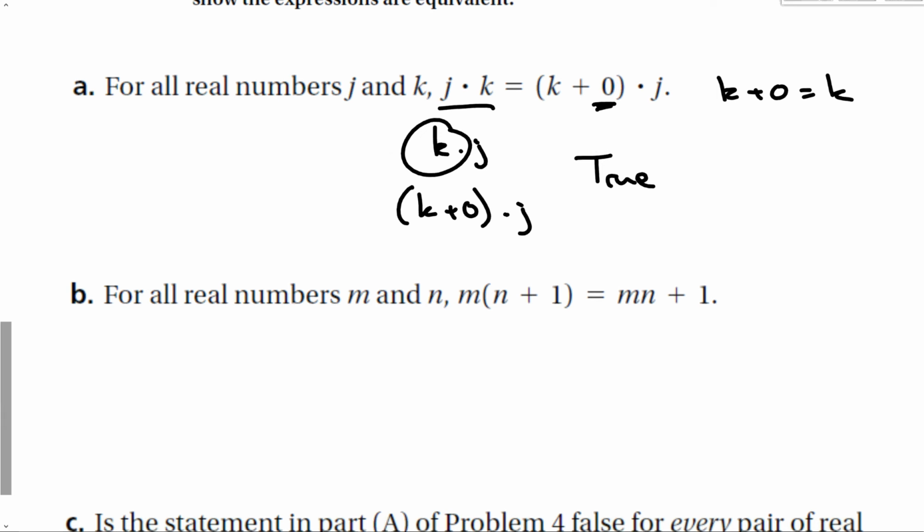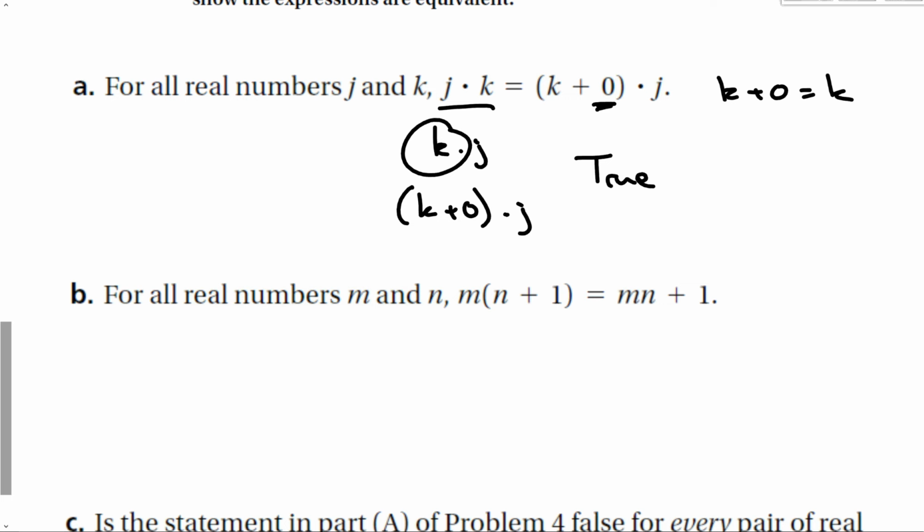For all real numbers m and n, m times (n plus 1) equals (m times n) plus 1. If we can find a counterexample, then it is not true.